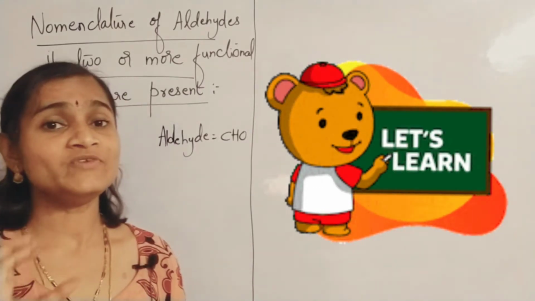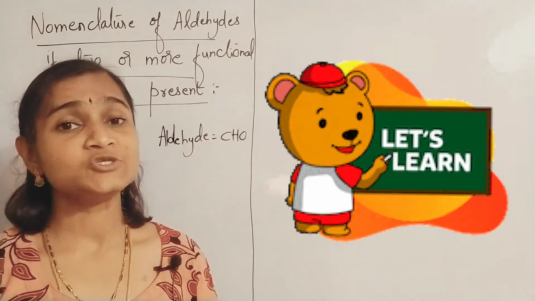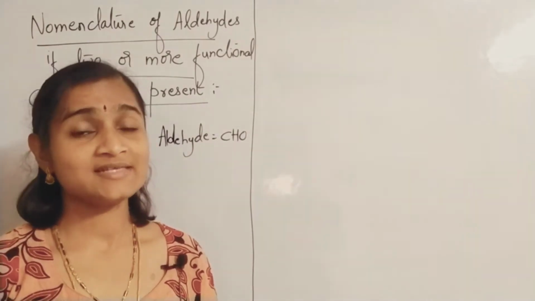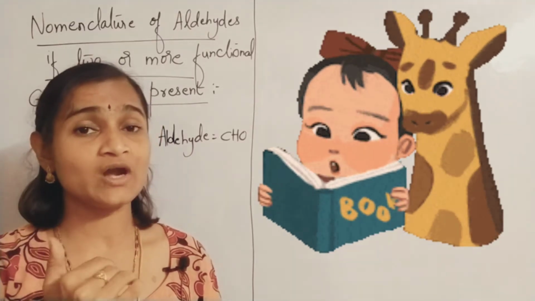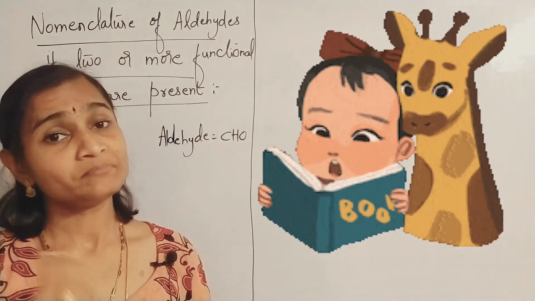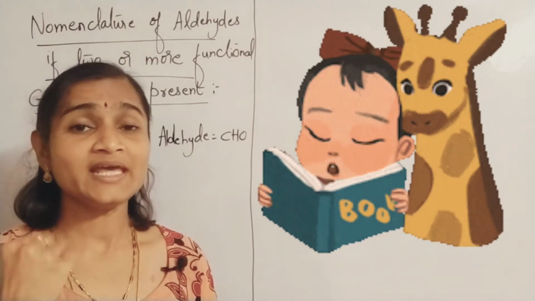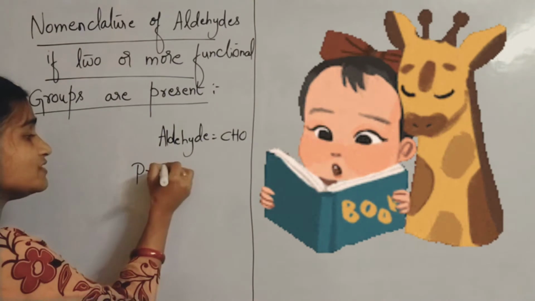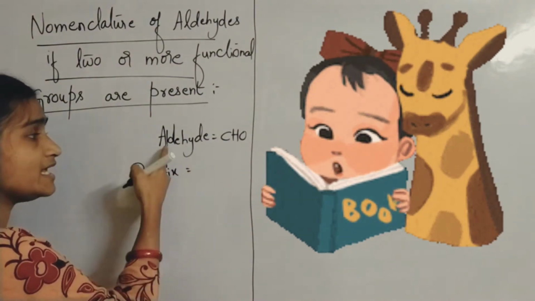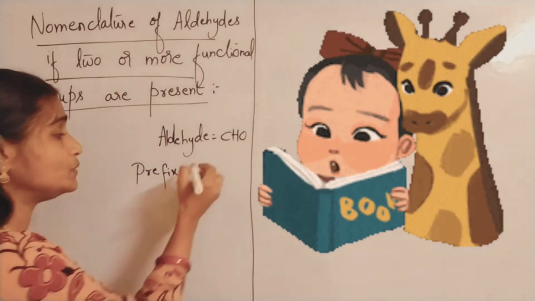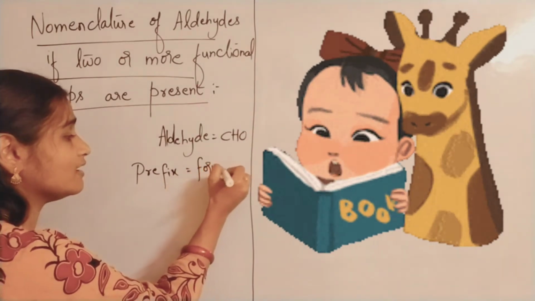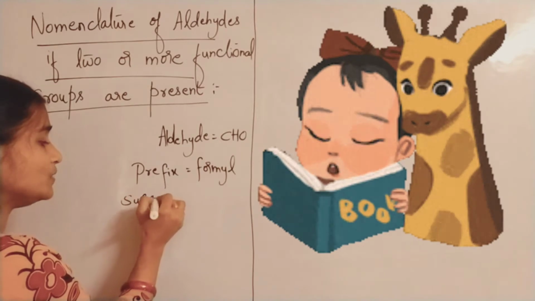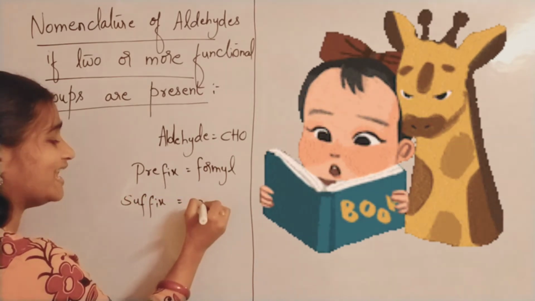The functional group which has more priority is given the suffix, the secondary suffix, whereas the functional group with less priority has to be given a prefix. In case of aldehydes, as a prefix you will use the word formyl. If it is used as a suffix, you will use the word al.